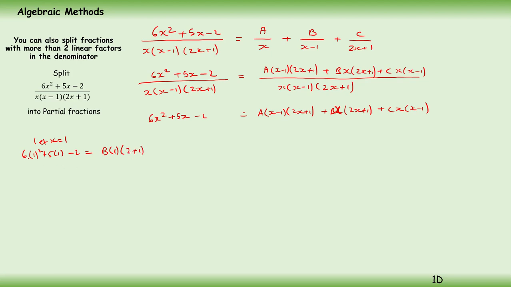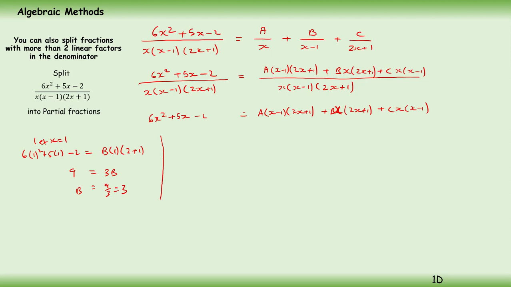So I've got 6 plus 5, 11, take away 2 is 9, is equal to 2 plus 1 is 3 times b, so 3b. That means b is equal to 9 over 3, which is 3. So I've got b. Let's try again.